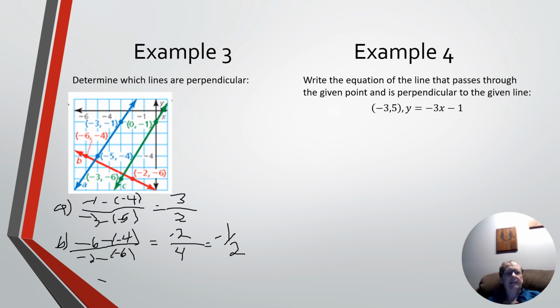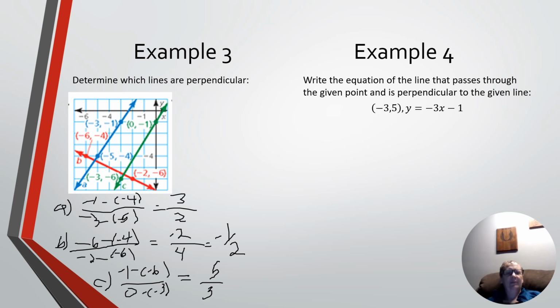And then last but not least, line C, we have change in y is -1 minus -6. I'm having a hard time looking up there and seeing what the points are. Over change in x is 0 minus -3. So that's a 5, and that's a 3.